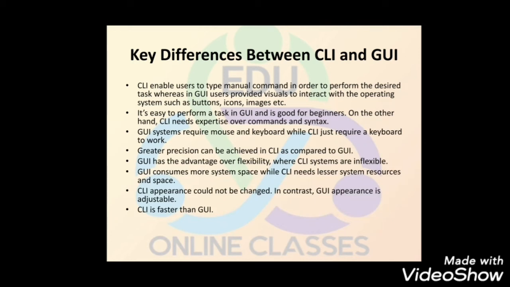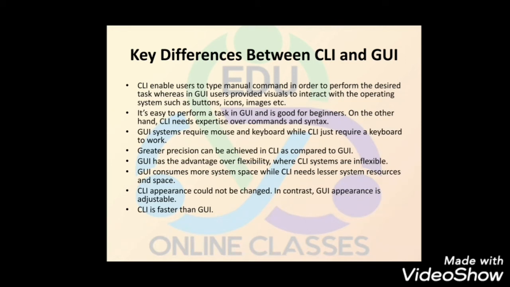On the other hand, CLI always needs an expert in commands and the syntax. Further, GUI requires mouse and keyboard, while CLI requires a keyboard to work. Then next, greater precision can be achieved in CLI as compared to GUI.